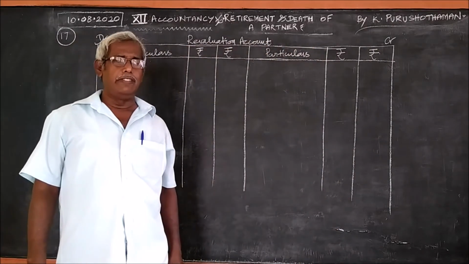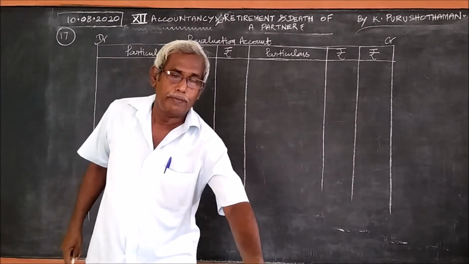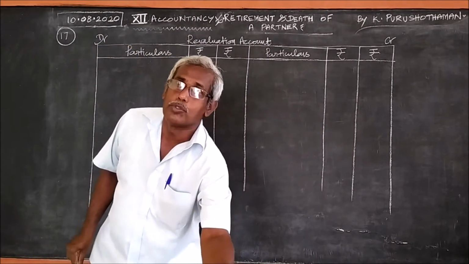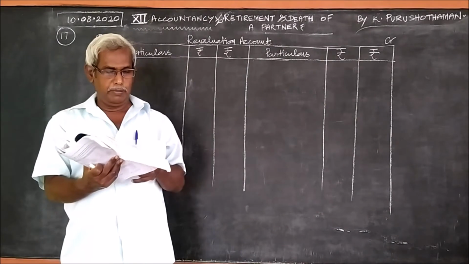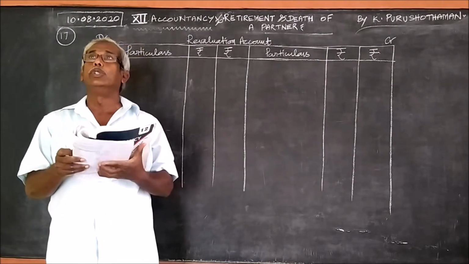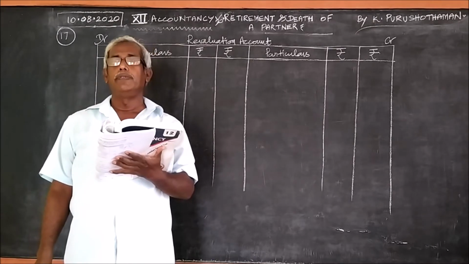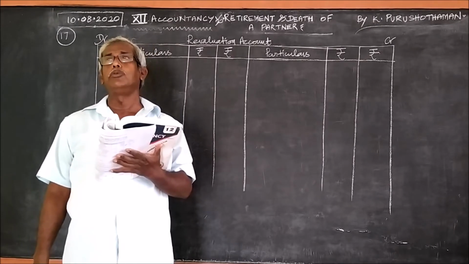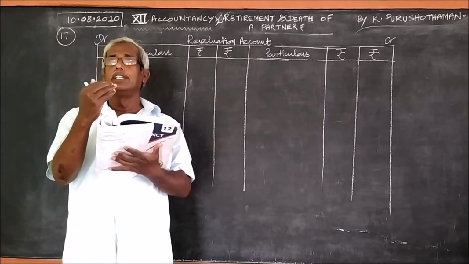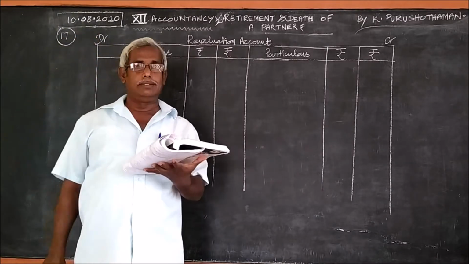For this revaluation account, from where should we select the items? I told you in other problems also. We should select the profit items and the loss items from the adjustments given under the balance sheet.